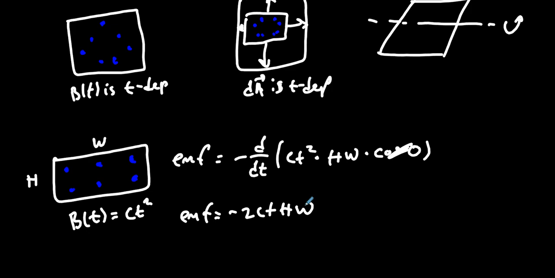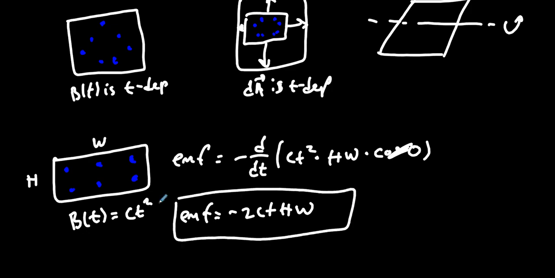And this would be your final answer. Now, a thing you can do is to find out what direction the current is moving, use Lenz's law. So we don't even really need to factor in the negative here because it doesn't really help us in finding the actual direction.